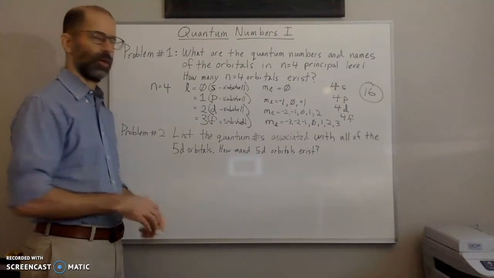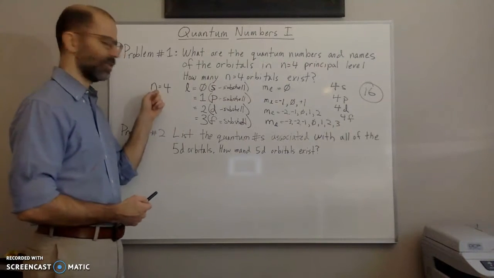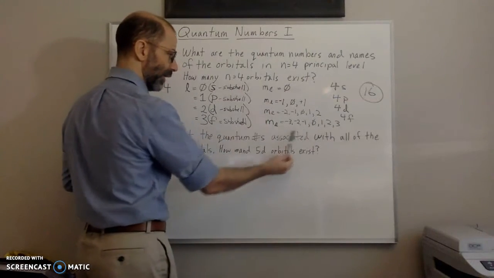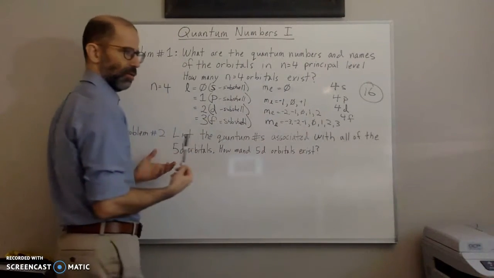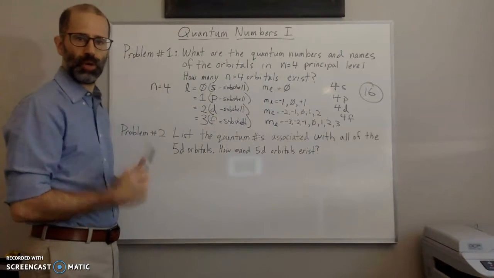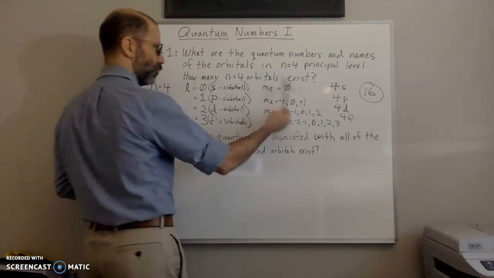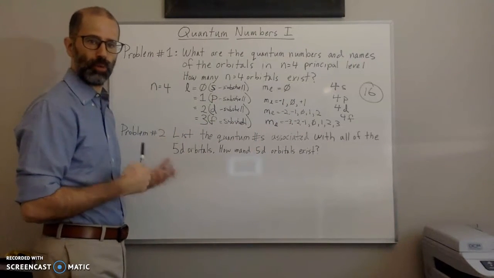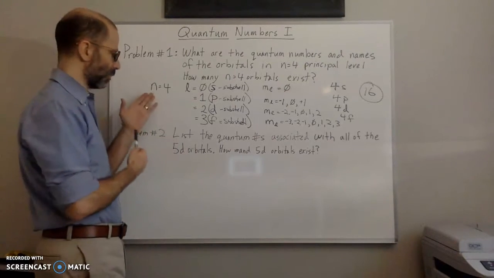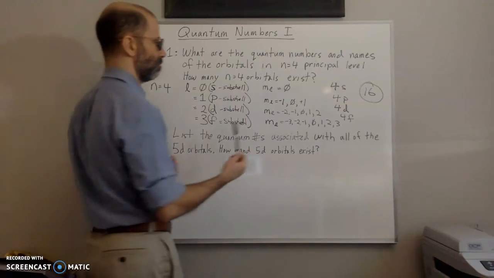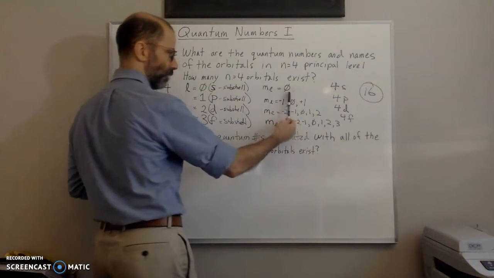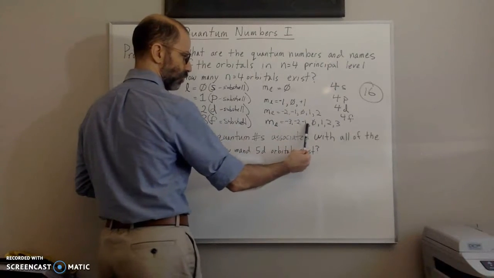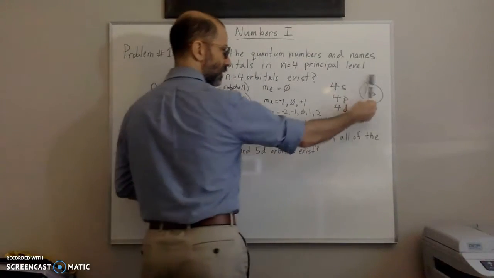Now, what about the total number of orbitals itself at this energy level? Well, you'll find that you can do it this way, and this is I think the best way in terms of showing your understanding. But if you just want to give the number, or if you're asked to just find the total number of orbitals at a particular energy level, then you can count them up, right? So you can count 1, 2, 3, 4, 5, 6, 7, 8, 9, 10, 11, 12, 13, 14, 15, 16, which is 16.